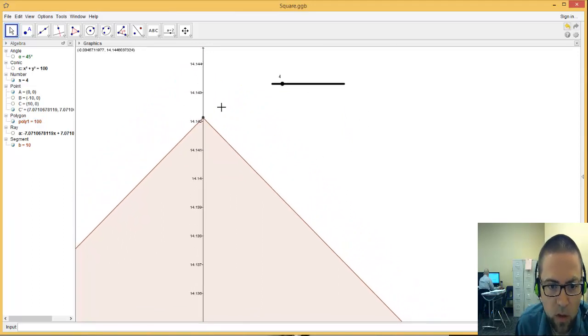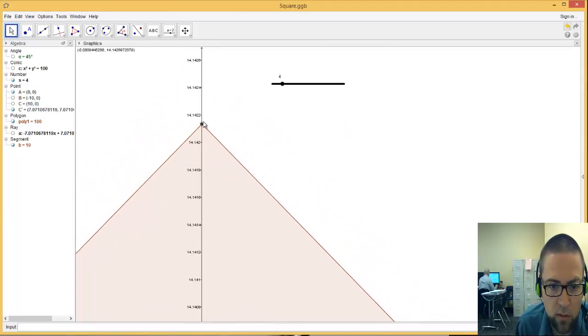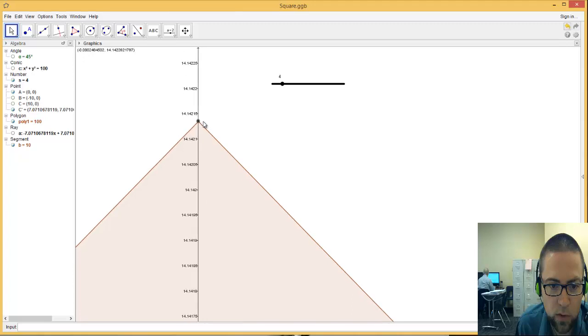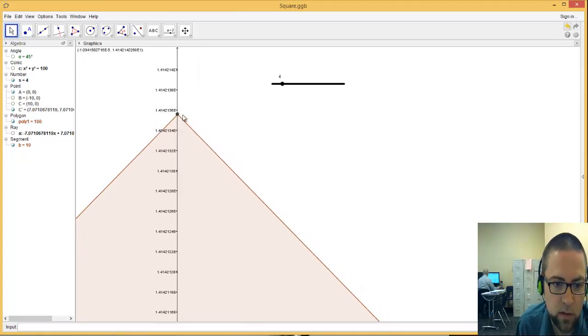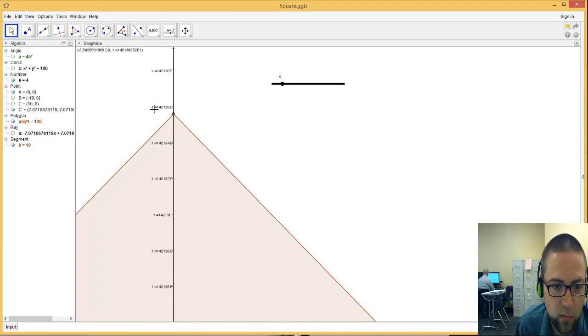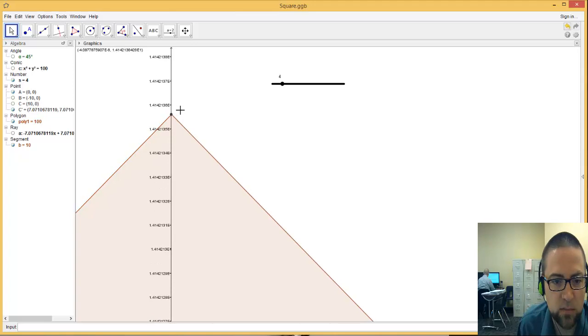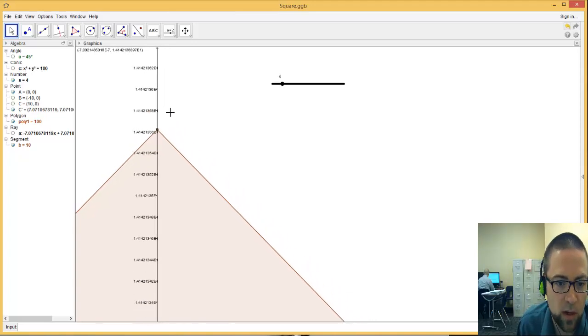There we go. 14.142, 1, 2, 3. Wait a minute, there's not a pattern here. 4, 1, 4, 2, 1, 3, 6. Wow, it's getting to be not really any sort of pattern, is it?